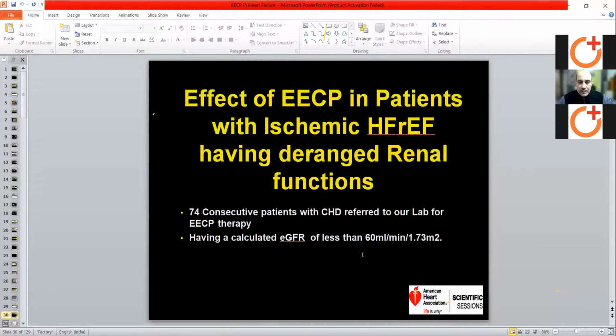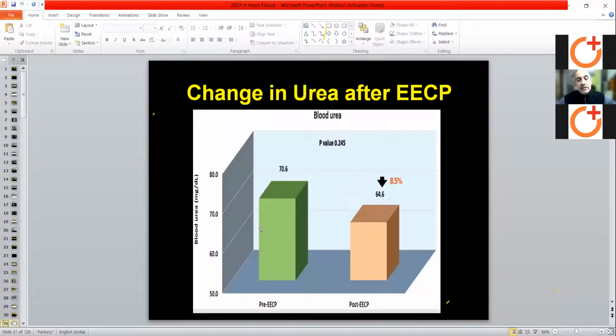Also, we had a sub-analysis on the kidney functions because there were 74 patients who actually had concomitant renal dysfunction, probably AKI. And this I published in American Heart Association. This is what it showed: pre-ECP, the blood urea was 70.6.